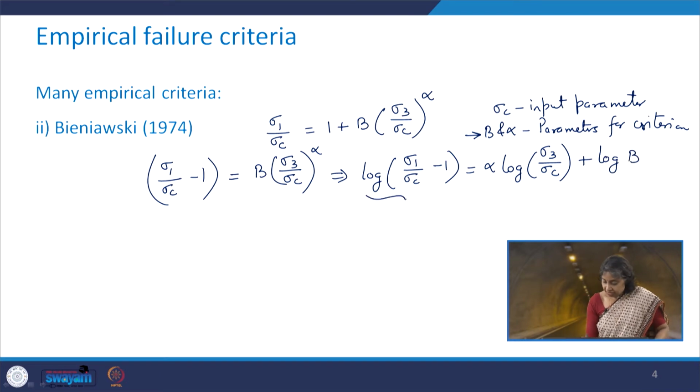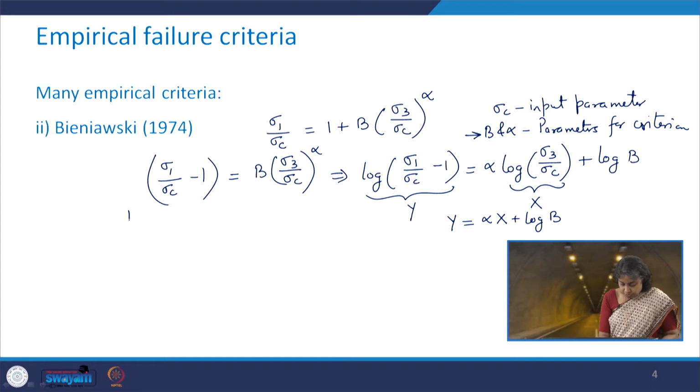Now again, if I take this as y and this as x, so all I am going to have is an equation for the straight line, that is alpha x plus log of b. Okay, so I will just try to plot it.